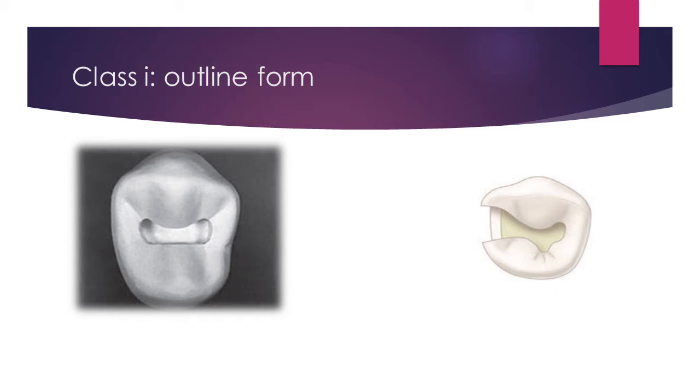The outline should be located on sound tooth structure. Also I should have sound mesial and distal marginal ridge about 2 millimeters. Also I have extension for prevention. Also the shape of the cavity, which is the outline, differs according to the anatomical landmarks of the tooth. For the boxes, the Class 2 boxes should, from the occlusal view, have divergence proximally.